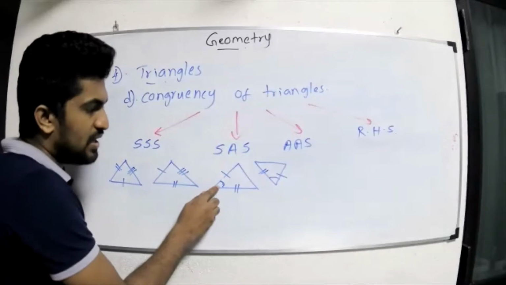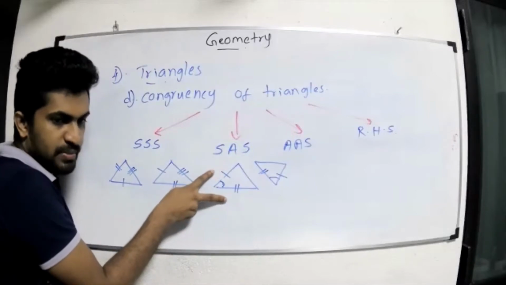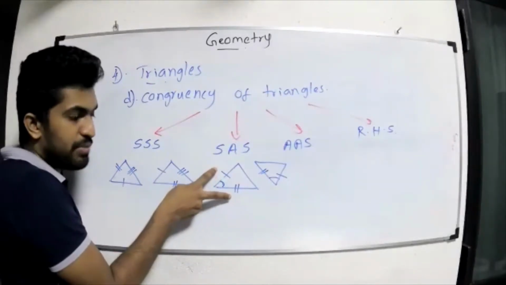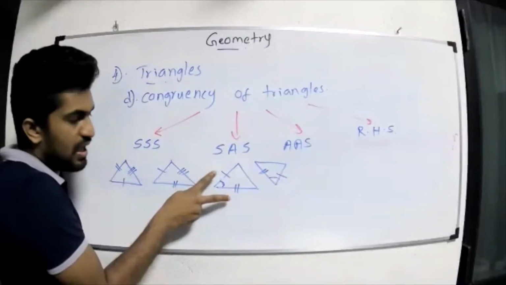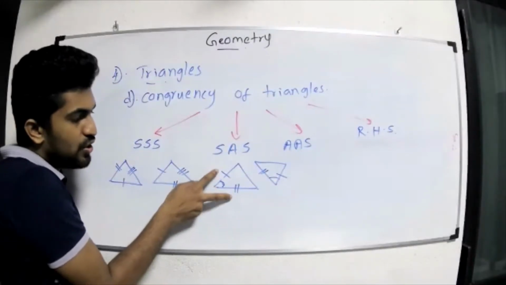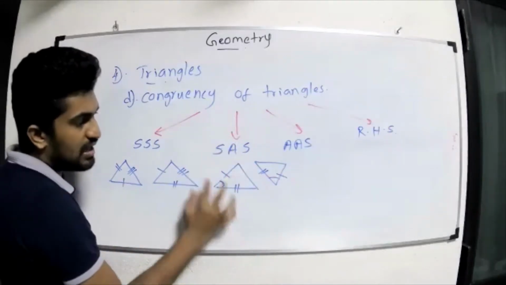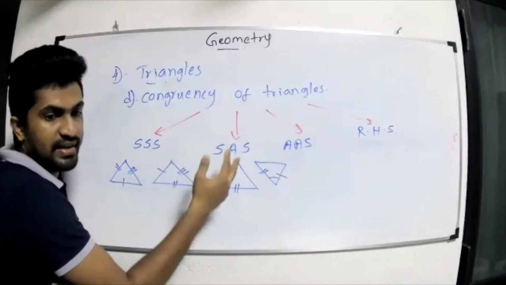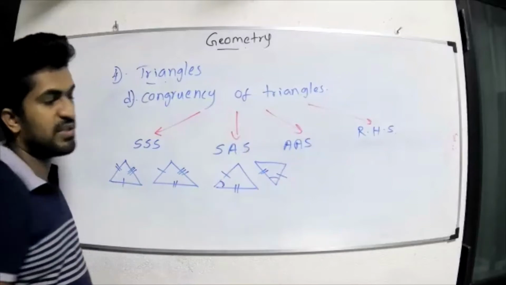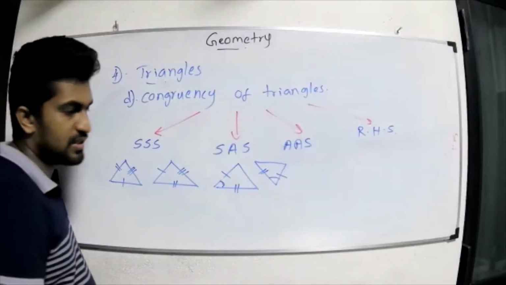That means the angle needs to be produced by two equal sides. So we can say these two triangles are congruent by the SAS method. That is the second one.